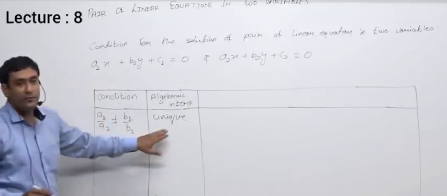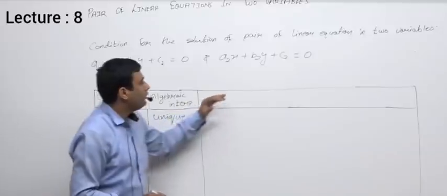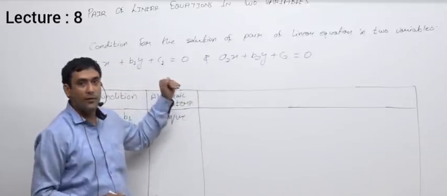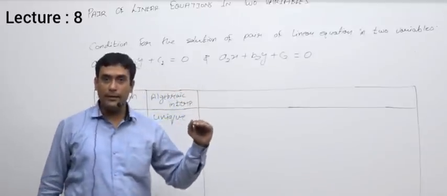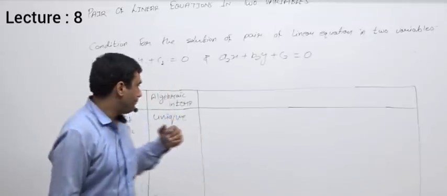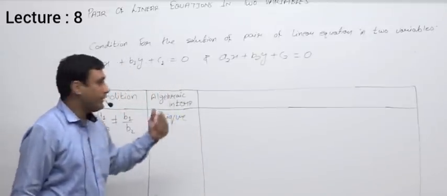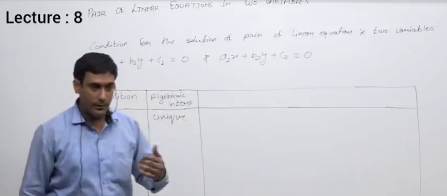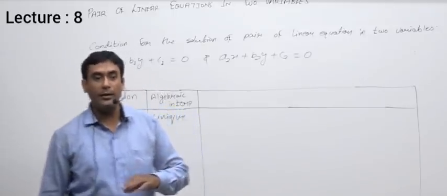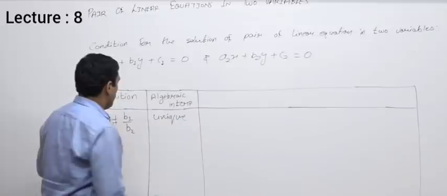Now when we have a unique solution, we already know that the graph of a linear equation is a straight line. So when there are two lines, as there are two equations, they might have the same graph or different graphs.